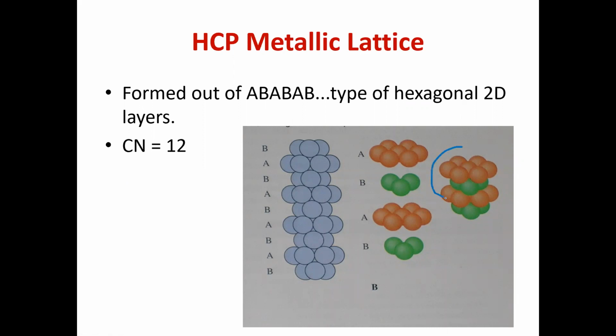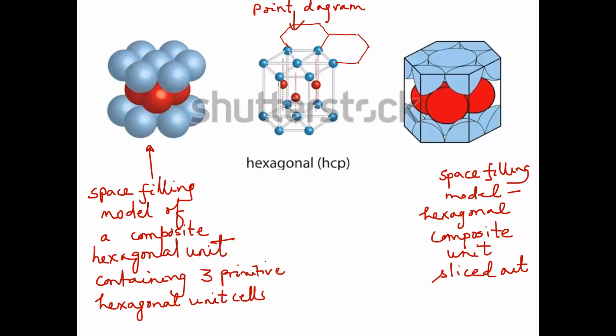For our better understanding of geometry, I will be taking a composite unit containing 3 unit cells: 7 from one layer, 7 from the third layer, and 3 from the bottom middle layer. That I'll be taking. Now see the geometry.